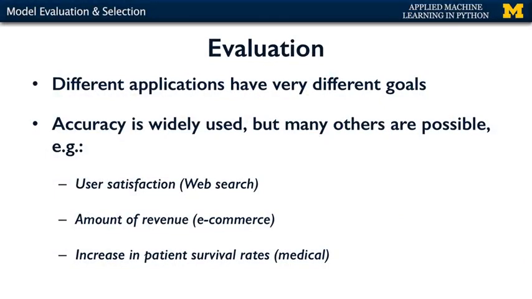For predicting the correct digit from a handwritten image, let's say, where each digit is equally likely, then accuracy may be a sufficient metric. However, there are other possible aspects of evaluation and model performance that are beyond average accuracy that may be critical to measure.